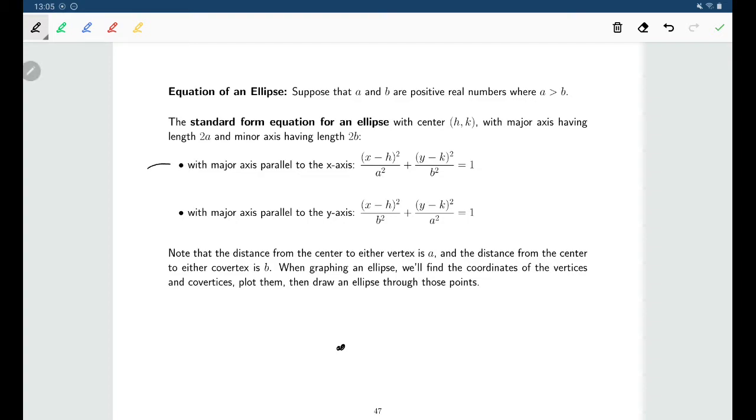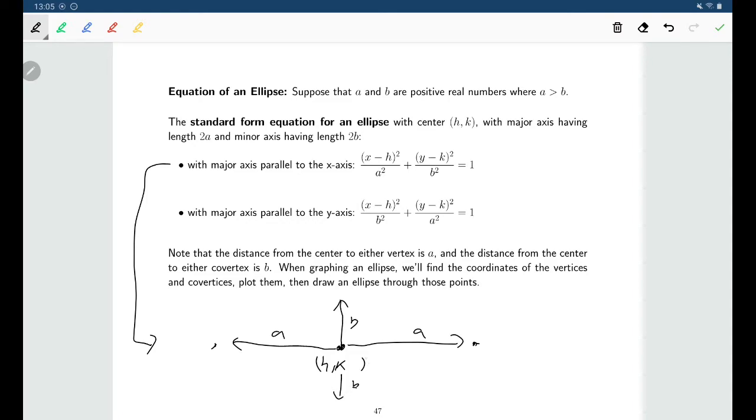So, for example, if your major axis was parallel to the x-axis, then from your center, h, k, you would go a units to the right and a units to the left, and that would be where your two vertices would be found. And from the center, you would go b units up and b units down, and that would be where your covertices would be found. And then you'd be able to connect the dots and draw your ellipse.